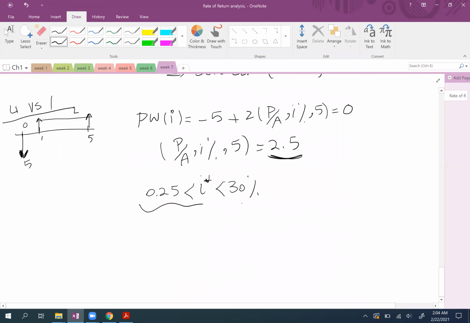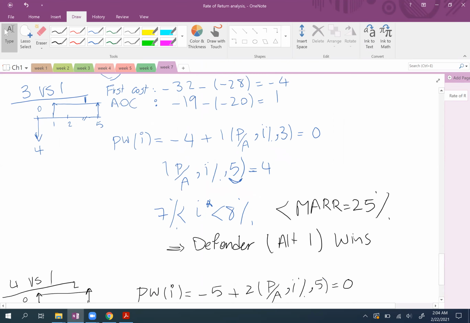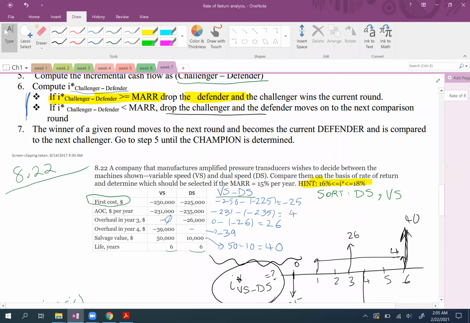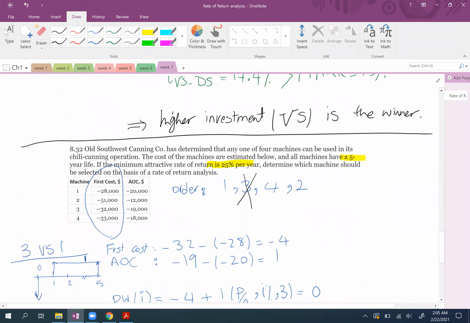So as you can see, my I star, no matter what, is greater than MARR, which is 25%. So do you agree that when your incremental analysis was greater than MARR, you would drop the defender. So therefore 4 wins.